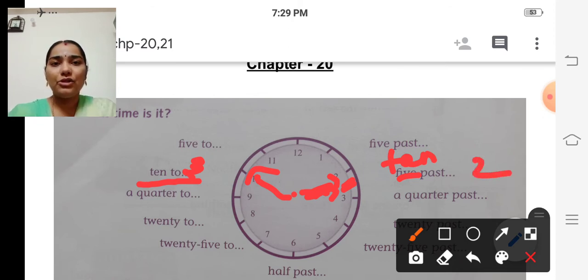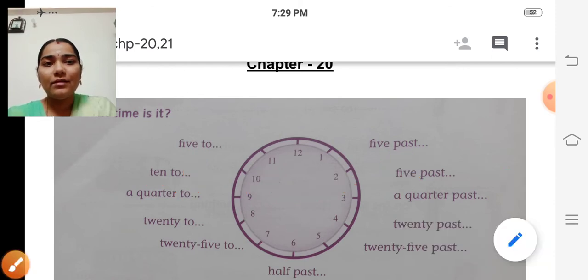But the minute hand crosses this 10, then we will say 10 to 3, the next hour.